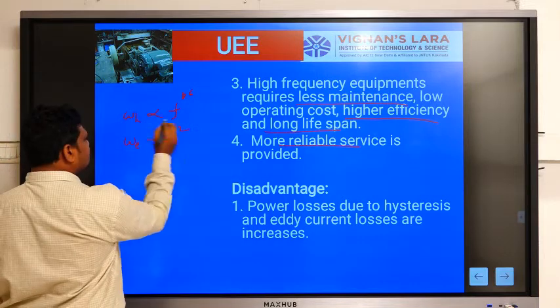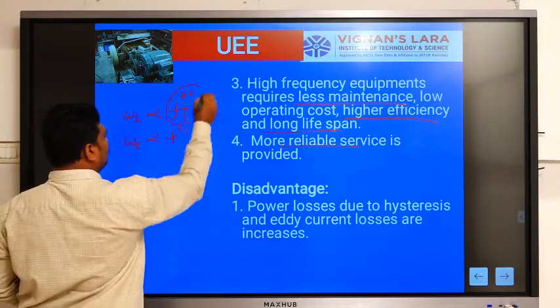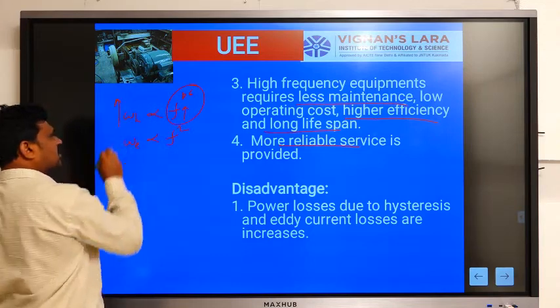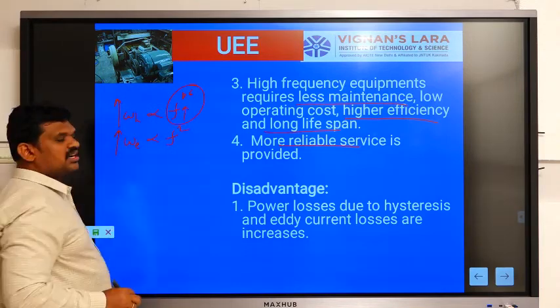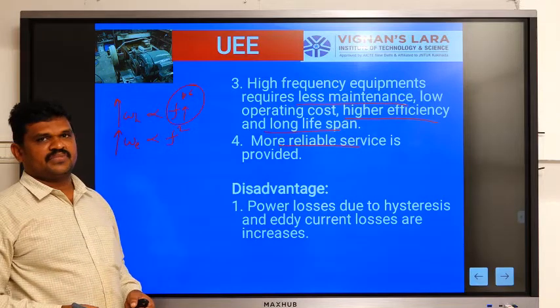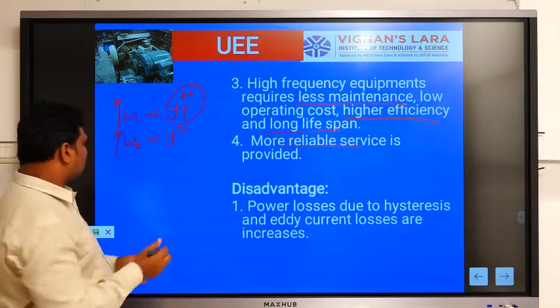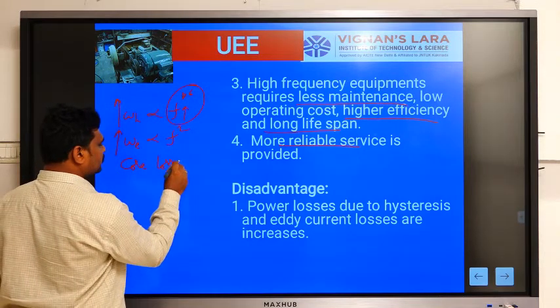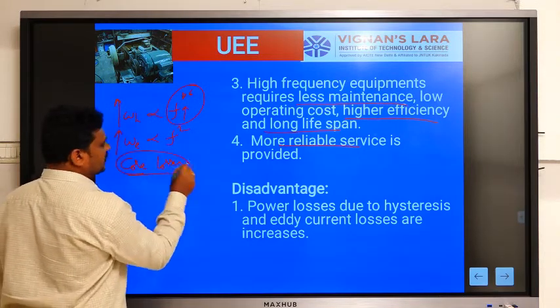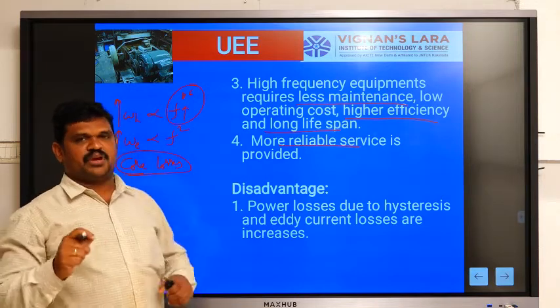So if the frequency increases, definitely these terms will increase. When these terms increase, the hysteresis losses as well as the eddy current losses also increase. Those are called the core losses. The core losses will increase. That is the only problem.